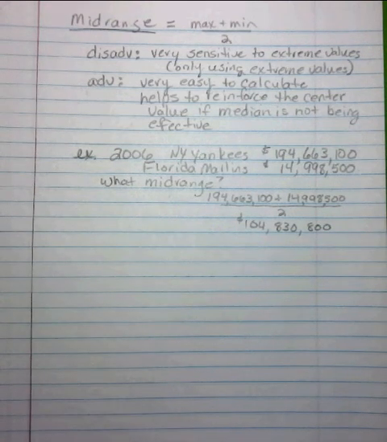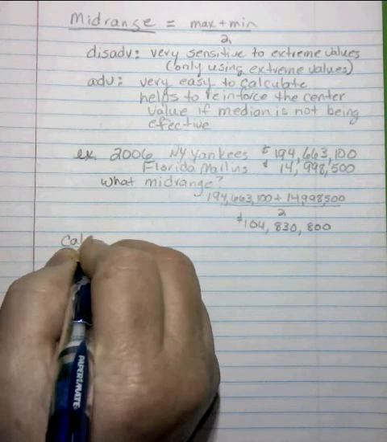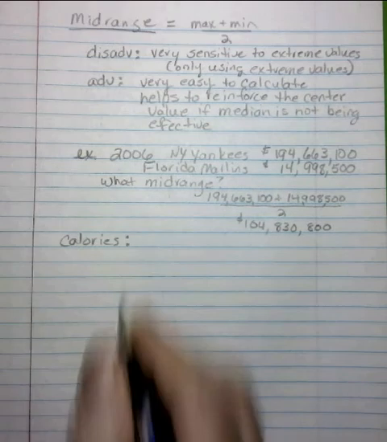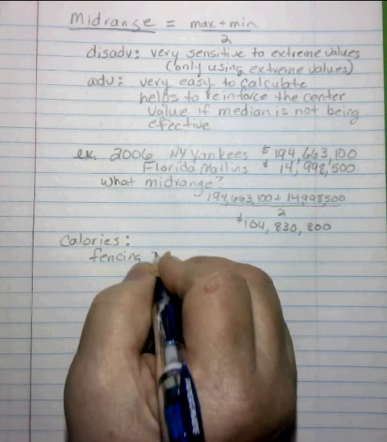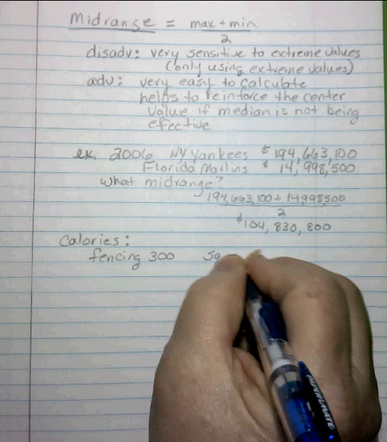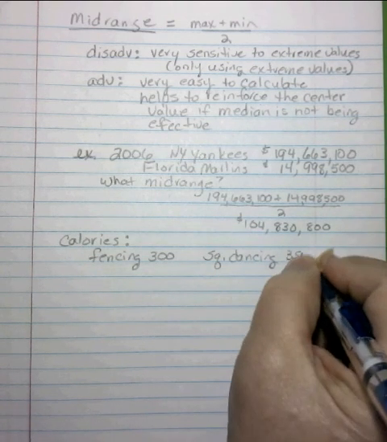Now, let's go over a particular problem where we do all these calculations with one problem. So let's look at this problem where we're looking at calories. If we were participating in fencing, we would use 300 calories. If we were square dancing, we would use 350 calories.